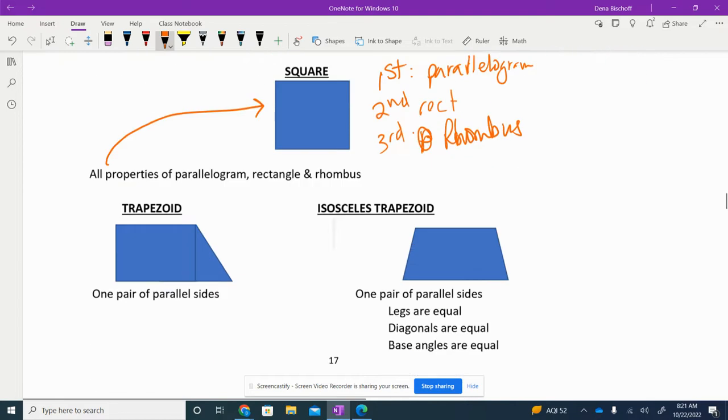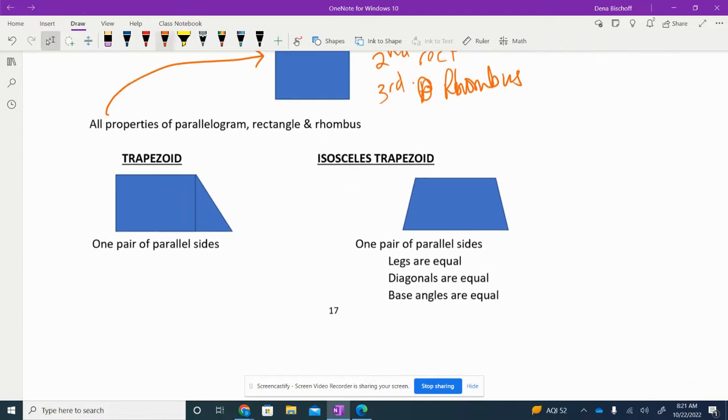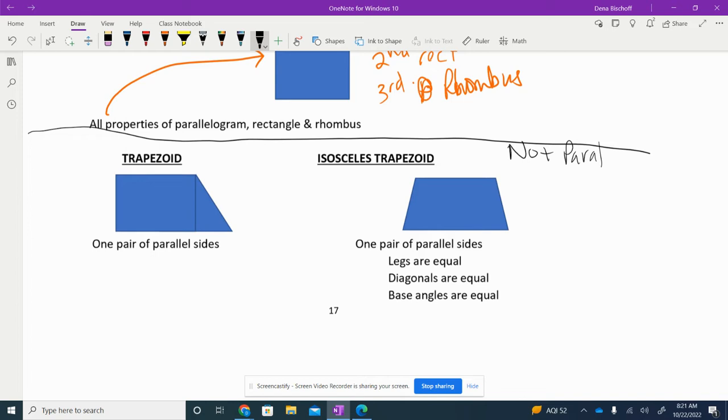Then we have a couple of quadrilaterals that are not parallelograms. So these quadrilaterals right here are not parallelograms. The first one is a trapezoid. Trapezoids have one pair of parallel sides.